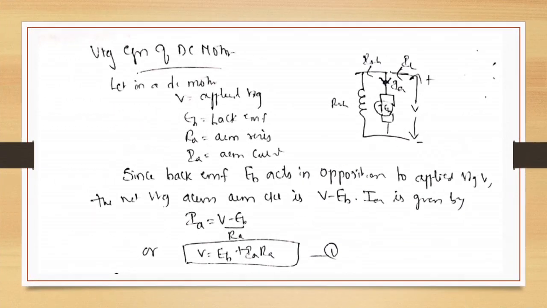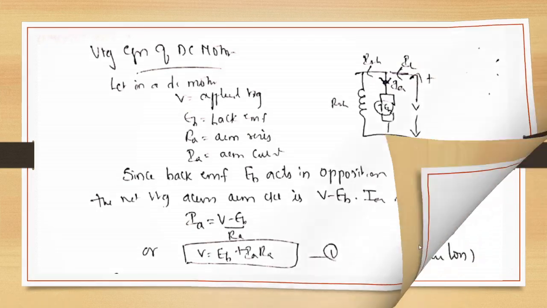So back EMF EB acts in opposite direction to the applied voltage. So net voltage across the circuit will be V minus EB and IA is given as V minus EB by RA, or V is equal to EB plus IARA. Applied voltage is equal to back EMF plus IARA is the voltage equation of a DC motor.